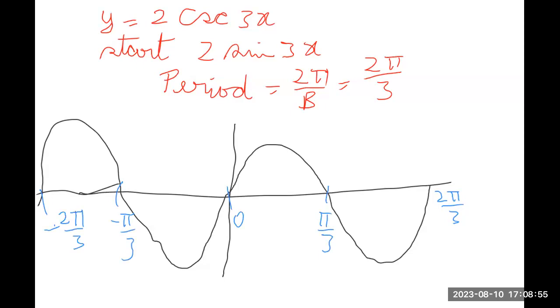And again, wherever you have an x-intercept, you make the vertical asymptote. And then you complete the graph.